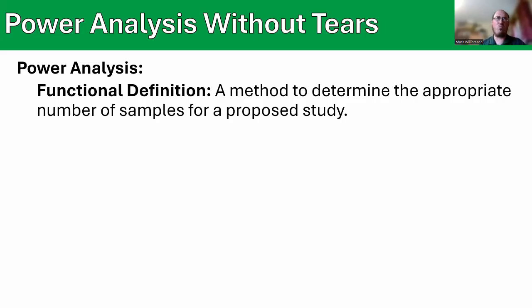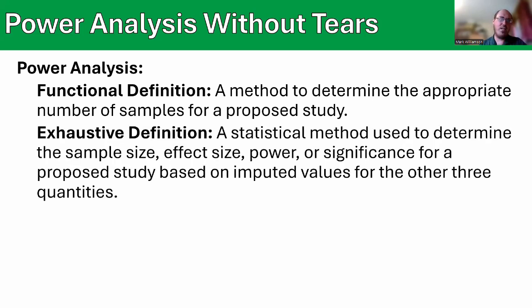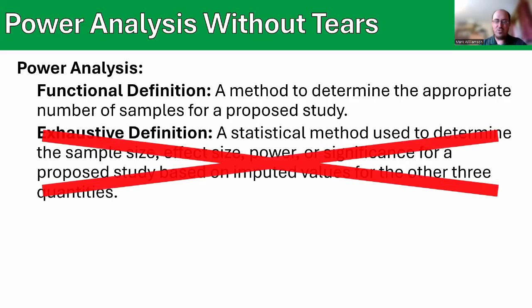Now, if you wanted the more complete, exhaustive, nerdy definition, me pushing up my glasses and saying, well, actually, it'd be something along the lines of a statistical method to determine sample size, effect size, power, and so on. We're trying to make this manageable, so let's just stick with the functional definition. We could go to more details, but really what most people want out of power analysis is sample size.